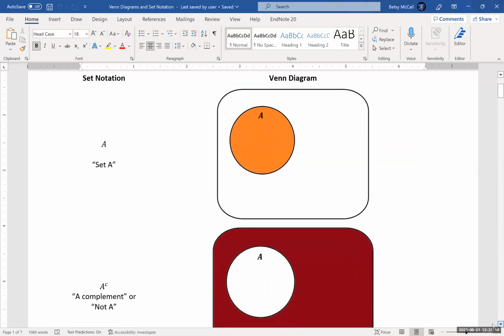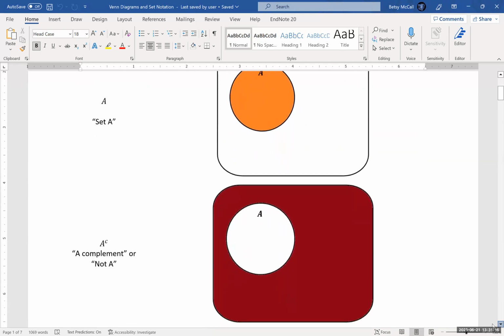Now, the complement of A. There's a whole bunch of different notations for the complement of A. I have seen probably 4 or 5, maybe 6 different ways to notate the complement of a set, and again, it depends on the book. Some textbooks will use this A^C notation.